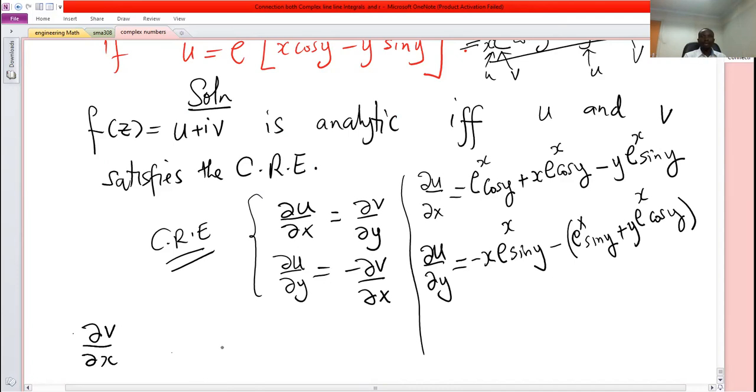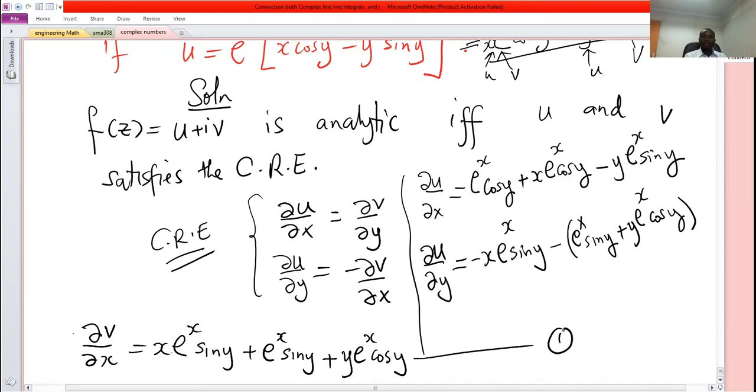So negating this one, I get x e raised to the power x sine of y plus e raised to the power x sine of y plus y e raised to the power x cos of y. Call this equation 1.